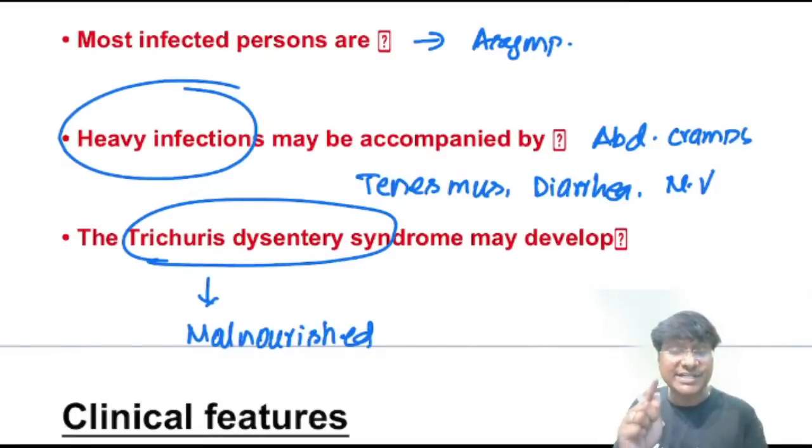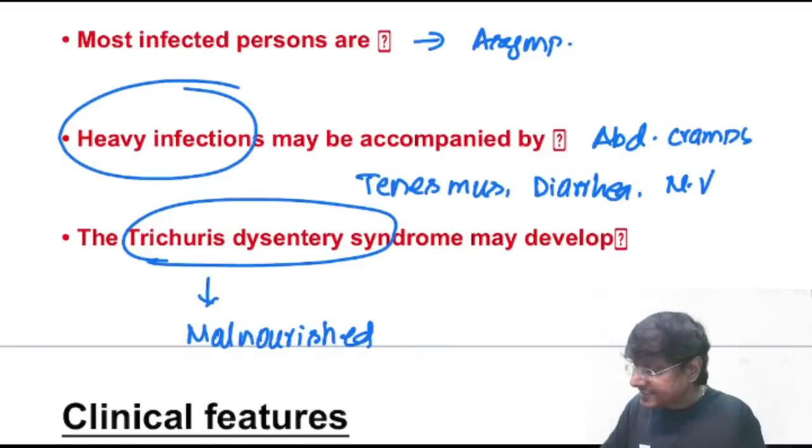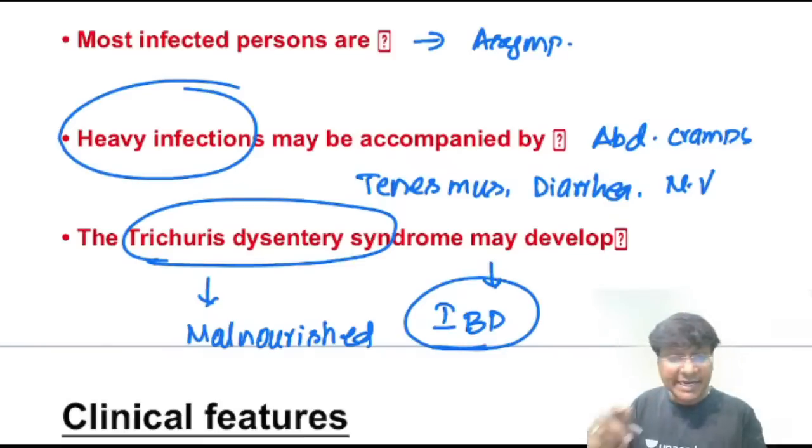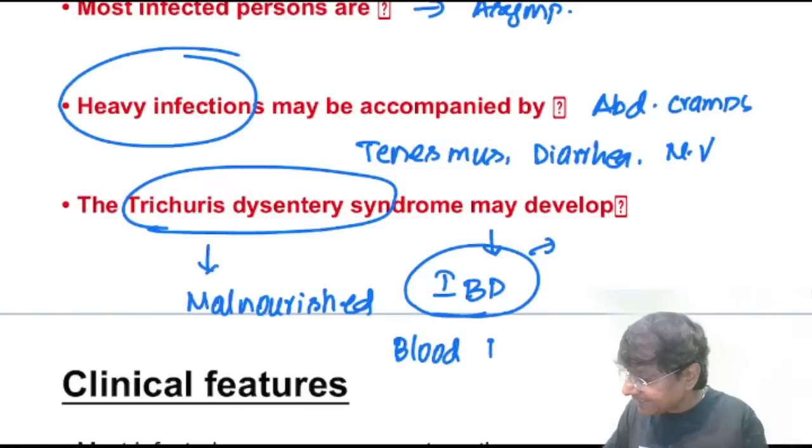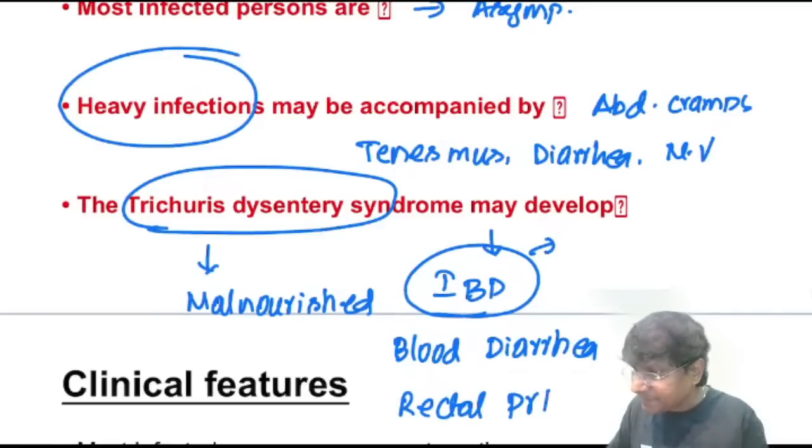The symptoms resemble inflammatory bowel disease, where the individual can have bloody diarrhea, and the patient will also have rectal prolapse.